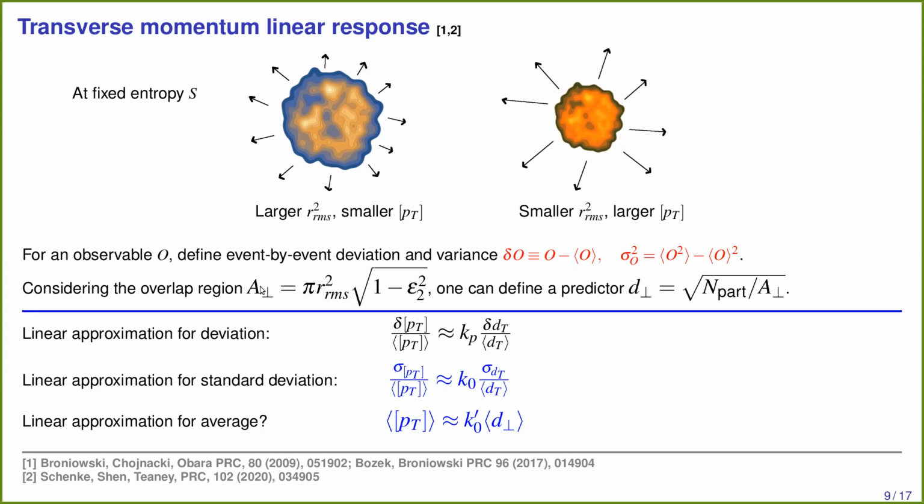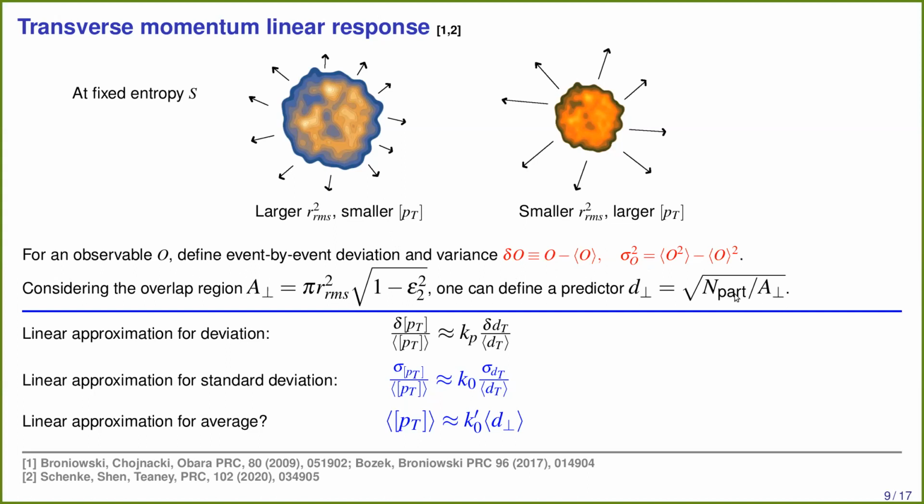I don't know, maybe it's a bit more challenging compared to the previous case. So one can define some observable O, then let's say delta O is the deviation from the average, and also a variance like this. It seems the best estimator for pT is not the RMS, it is the inverse of the area, I mean, the entropy per unit area.